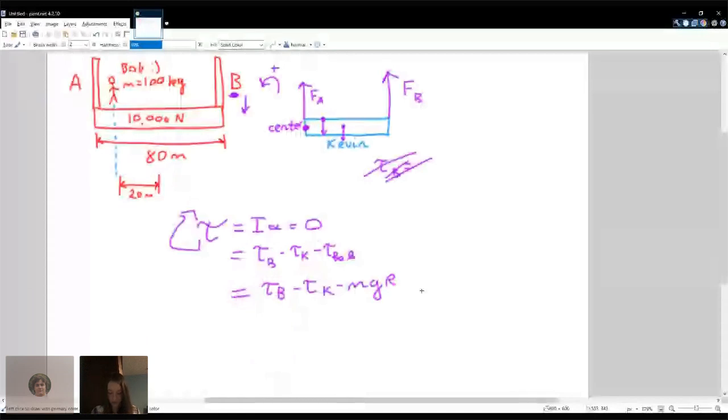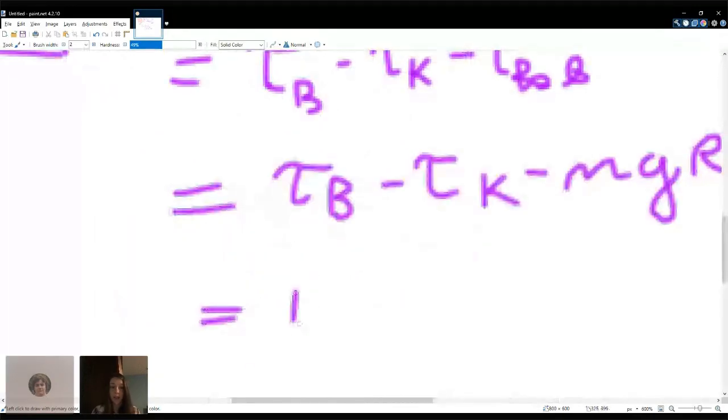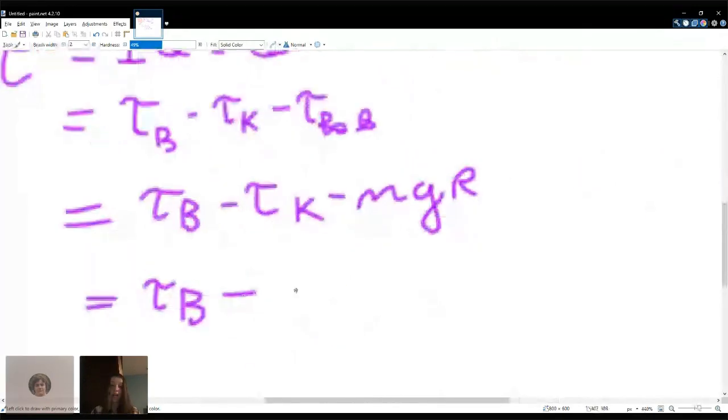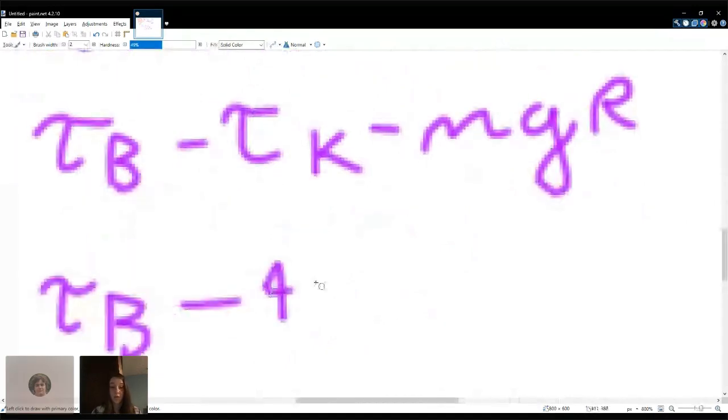So Bob's force of gravity is 1,000 newtons, and he is 20 meters away from pillar A, which is our fulcrum. If you remember the torque formula, it's the force times the radius. So when you do that, you can find what Bob is doing in terms of torque. And the same for the bridge. We know the bridge is 40 meters away from the fulcrum, and it weighs 10,000 newtons. So it's going to be a whopping 400,000 Newton meters in our negative direction.